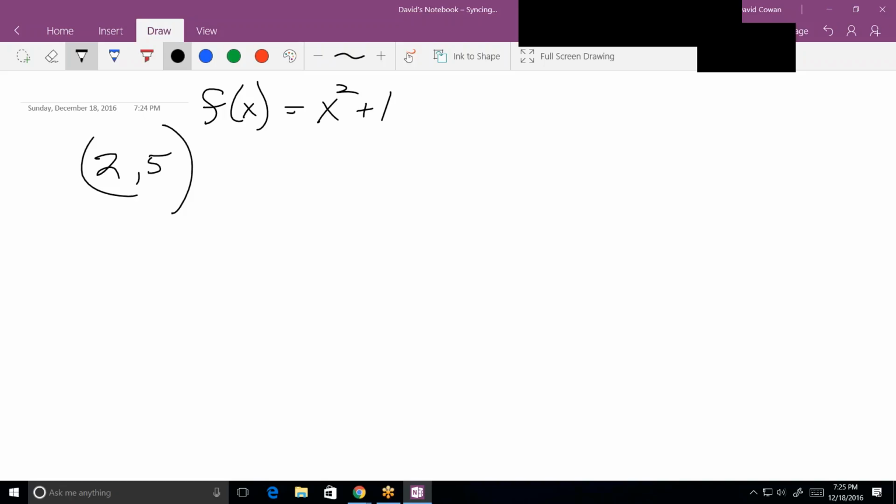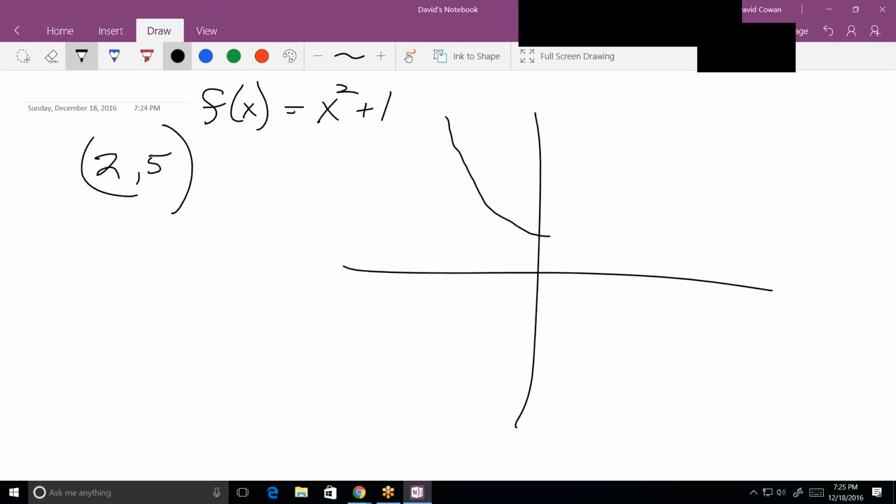Okay, well, if I graph this function, the perfect parabola shifted up by 1. If I want the average rate of change between the points 2 and 5, then the way I'm going to get it, if this is f of x, is I'm going to figure out the slope of this line.